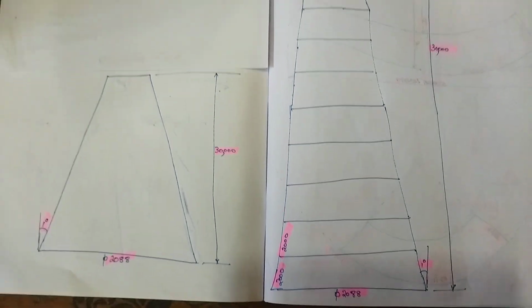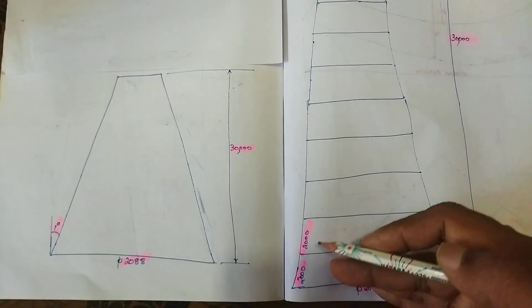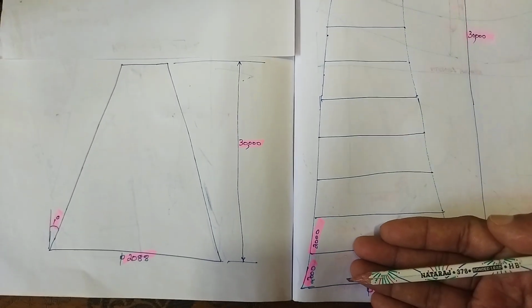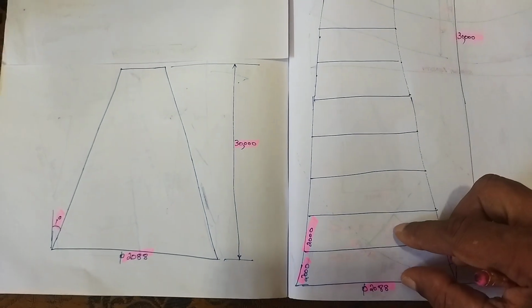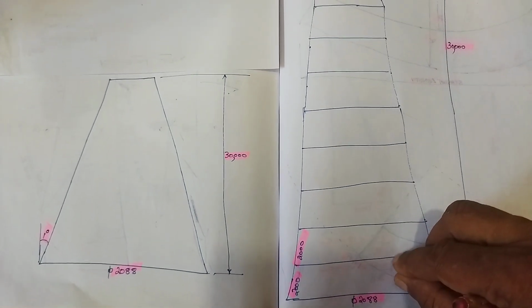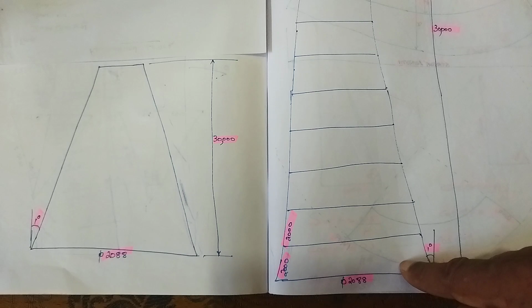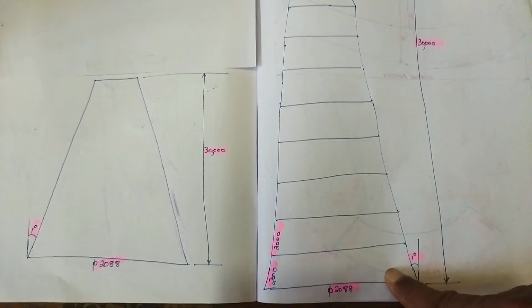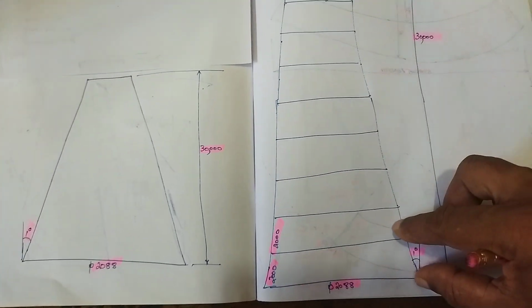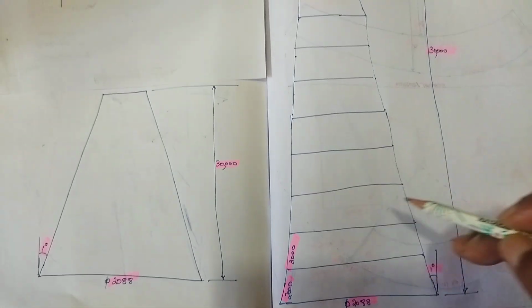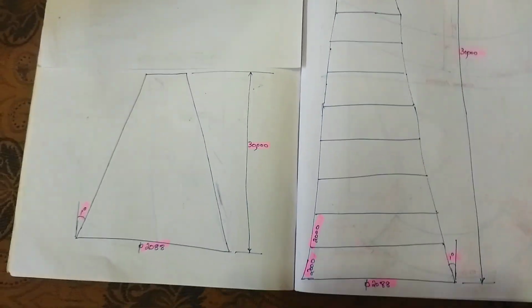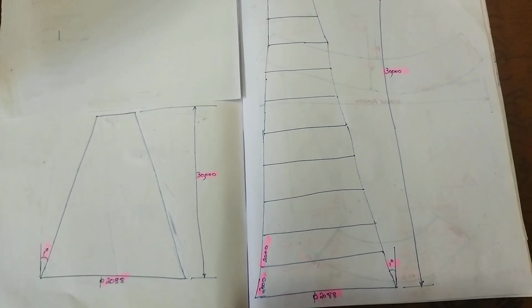If you don't get 2000, then you will have to go to 1800 or 1500. But if you decrease this length, so many welding joints will come. That is not good. So try to keep this measurement at 2000. That kind of plates have to be purchased from the shop.